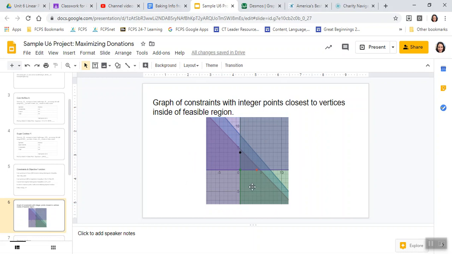So here is my graph with the constraints and then the integer points on the inside here.